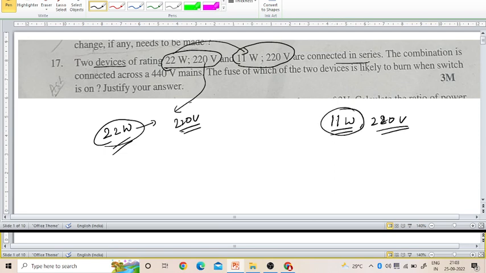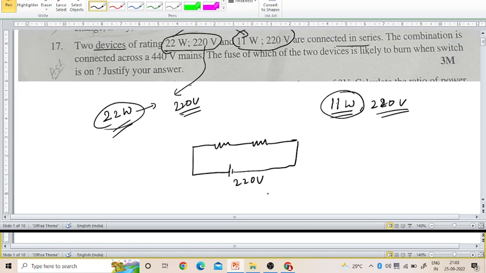Both devices are connected in series, and suppose we have given them 440 volt.